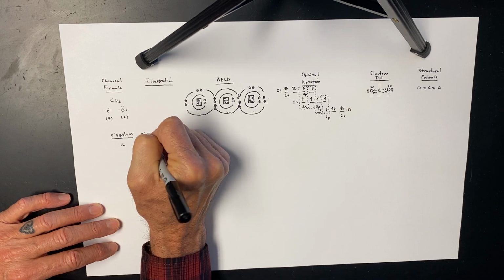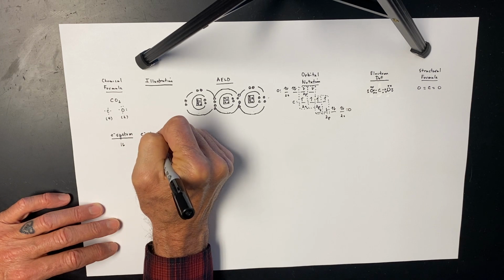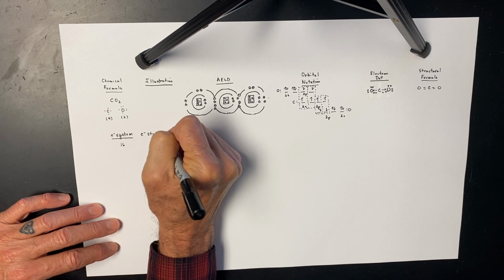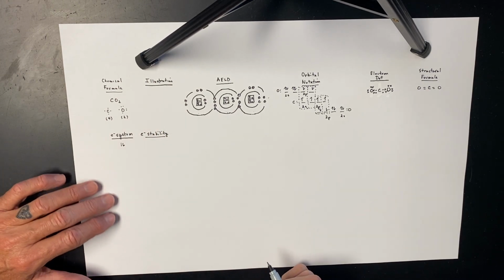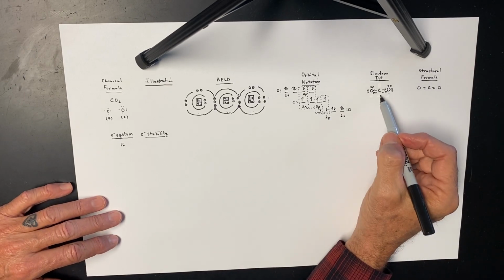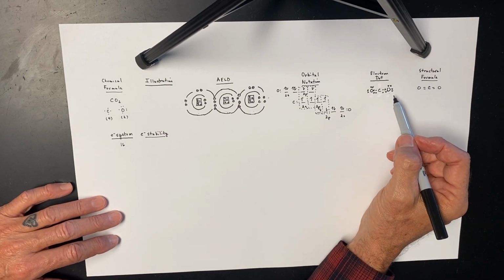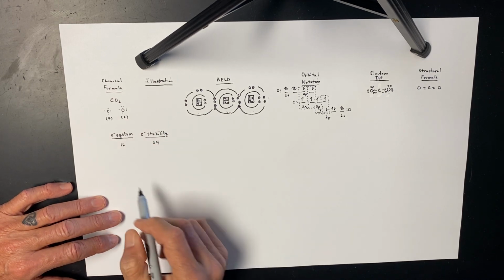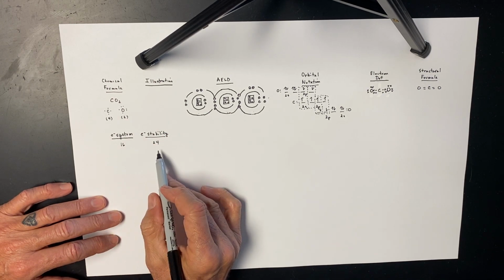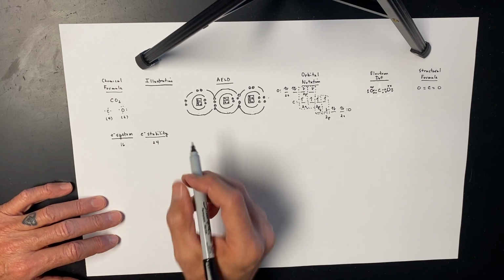And we want to compare that to how many electrons are actually needed for each of the atoms to be stable. Well, each of the atoms needs to be in the octet state, so 8 times 3 is in fact 24. So we have 16 electrons, but the system needs to make it look like it has 24.